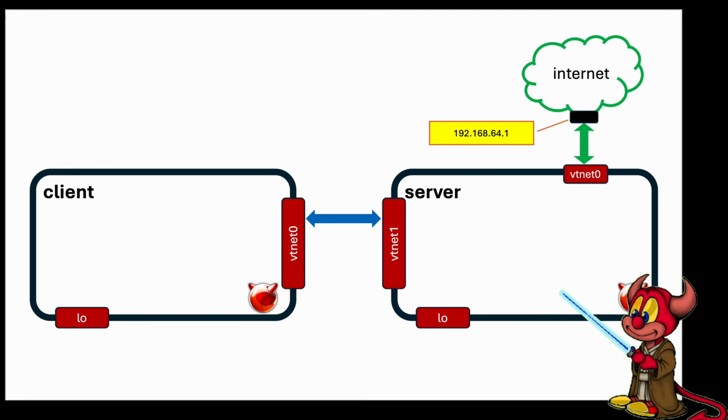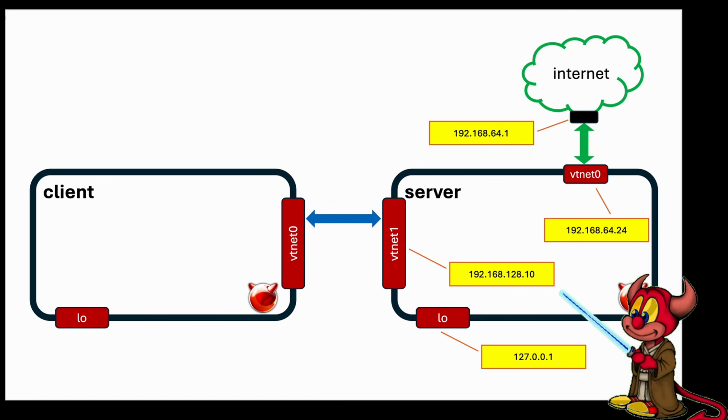In my setup, I just looked at the IP addresses. The internet is accessible through the gateway 192.168.64.1. And of course, we have a loopback interface, and vtnet0 on the server machine has the IP address 64.24, and vtnet1 has the private IP address 128.10.